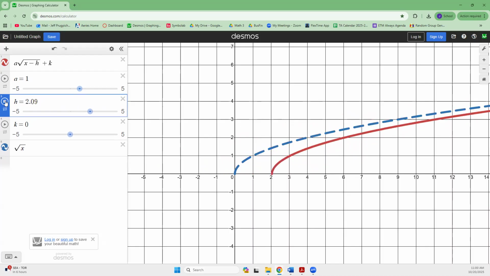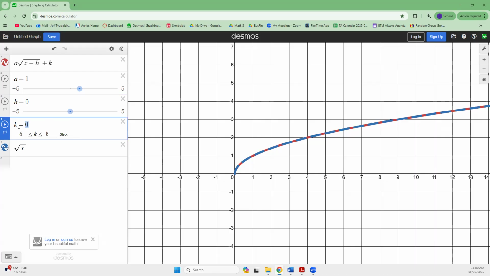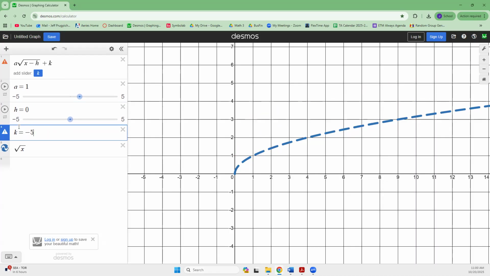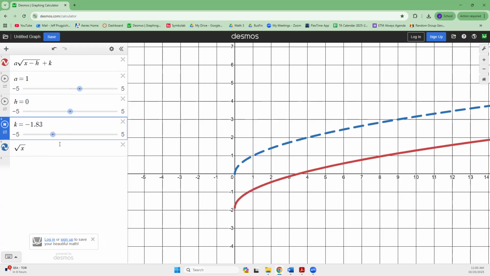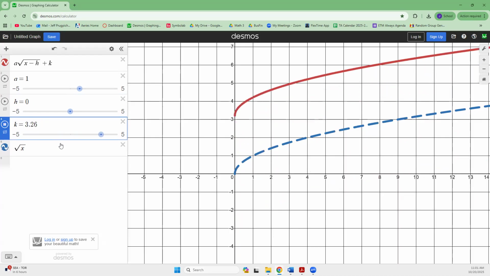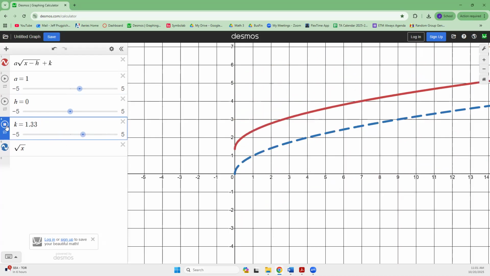Again, h translates left and right. And lastly k. What happens if k is 1 or 2 or -5? You can see k shifts the graph up and down. So k is what we call a vertical translation.